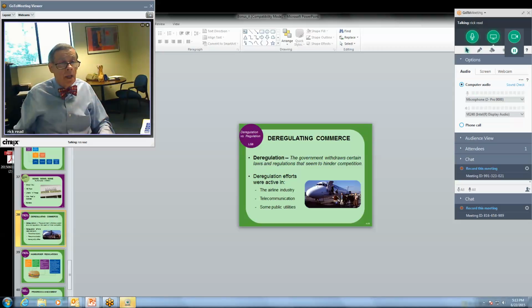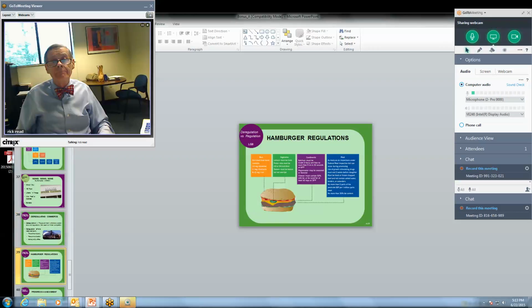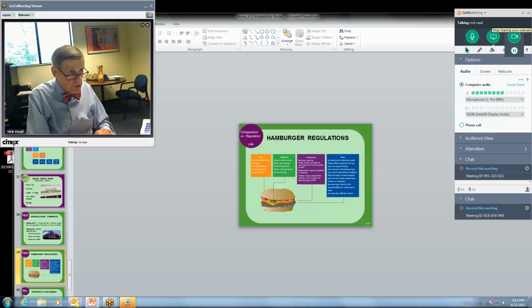Telecommunication industry and some public utilities have also gone through deregulation, although public utilities not quite so much. And the reason is it's very difficult to start a public utility, very expensive. I worked for a company some years ago, and we were solicited to go with a different company to buy natural gas.